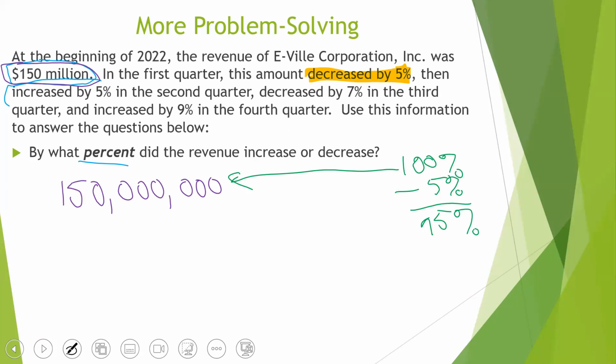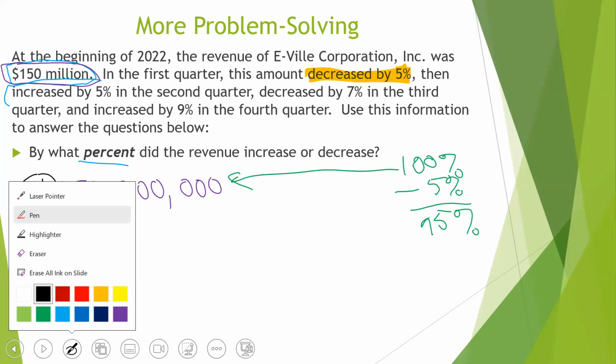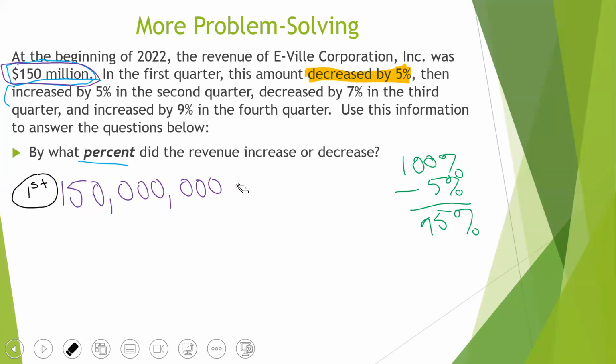So to find our amount after the first quarter, we can find 95% of 150 million. To do that, we know that 95% as a decimal, we take the decimal place, move it 2 spots to the left, that's 0.95. So I'm going to do 150 million times 0.95.